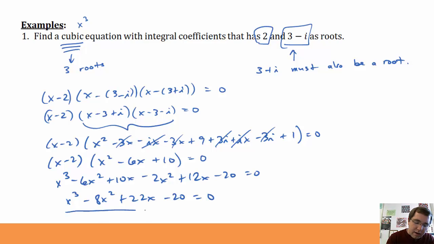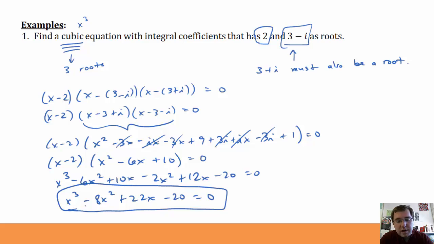So now I have found a cubic equation with integral coefficients. Notice all of my coefficients are integers, that has as its solutions 2, 3 minus i, and 3 plus i.